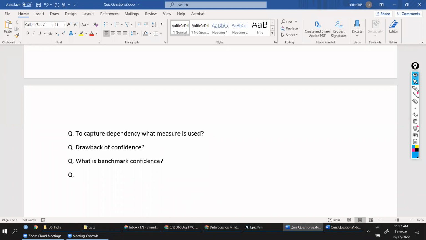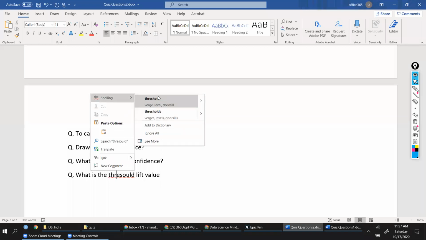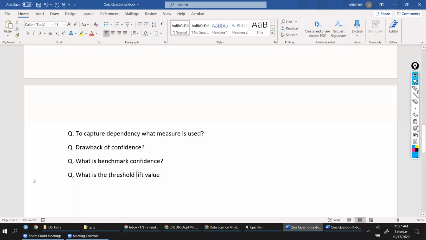What is the threshold lift value? What is the threshold lift value? Not -1. 1 is the threshold. We want values which are greater than 1. Very good.